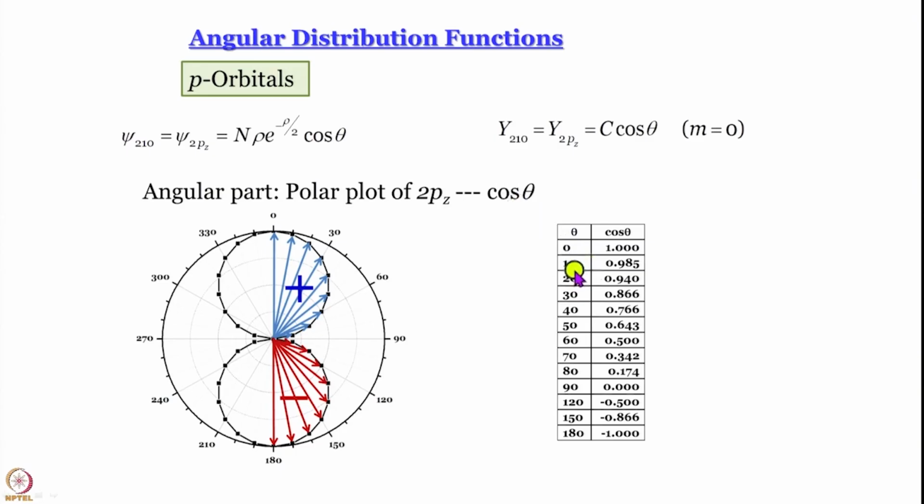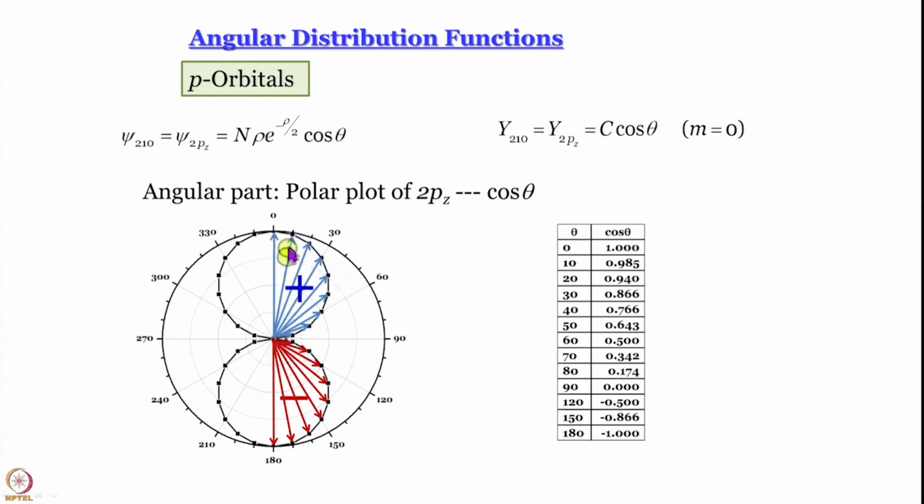For theta equal to 0, cos theta is 1. So this length is 1. For theta equal to 90 degrees, cos theta is obviously 0. From theta equal to 0 to 90 degrees, cos theta keeps decreasing from 1 to 0.